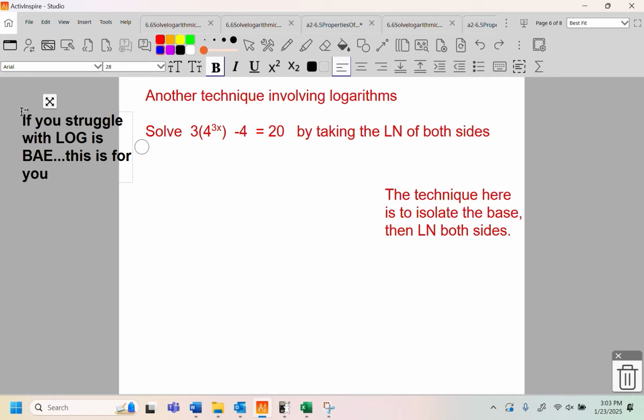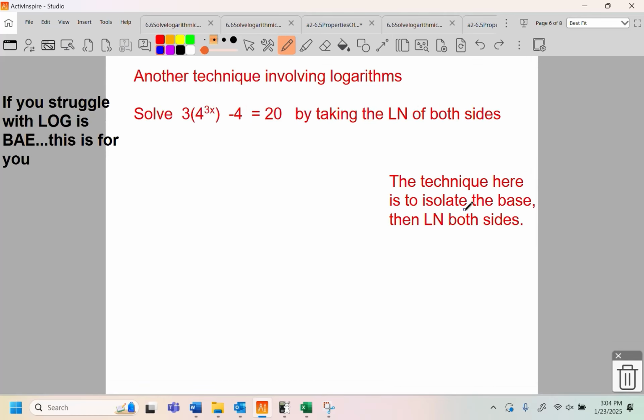And the technique is called ln both sides, and you can also do a technique called log both sides, because as long as you do the same thing to both sides, the property of equality is true, but it still requires isolation. You still got to do all the easy stuff first. All the techniques require isolation.